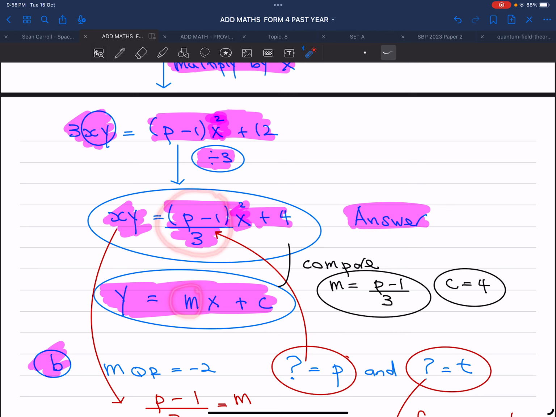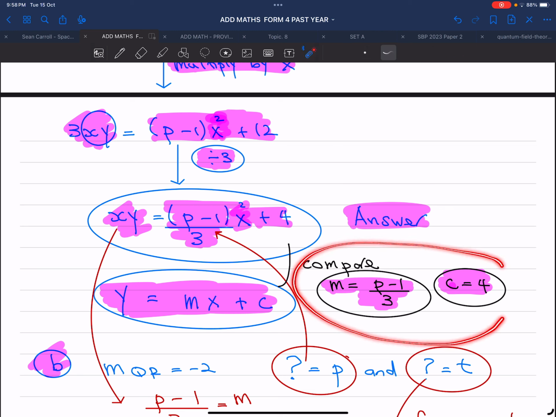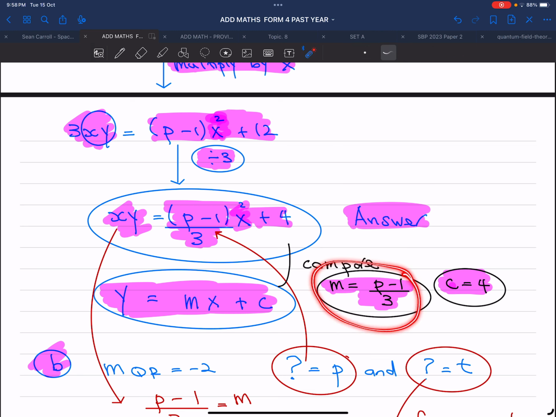The c, the y-intercept, is 4. We shall use the gradient and the c for the later part B.